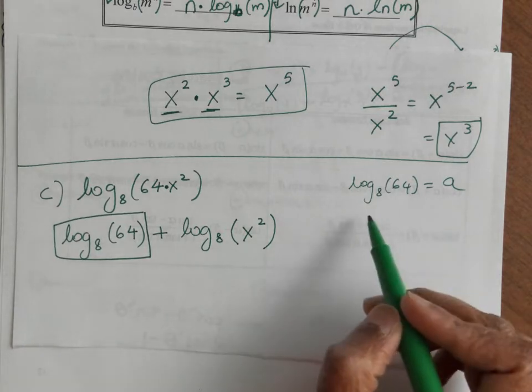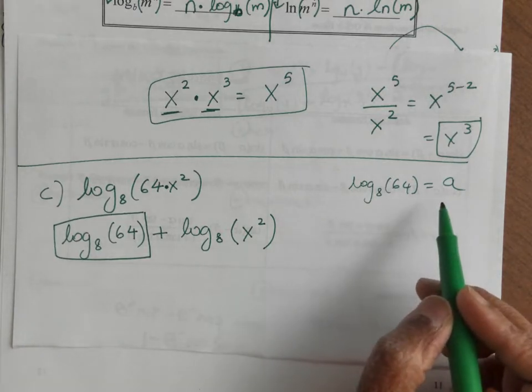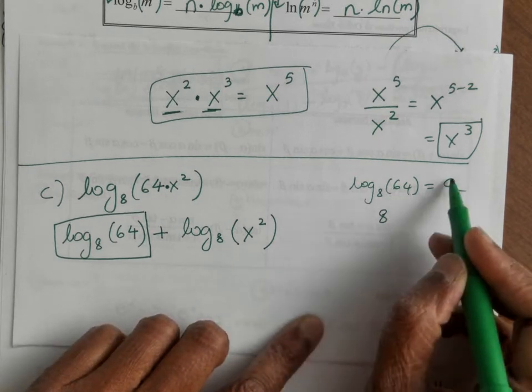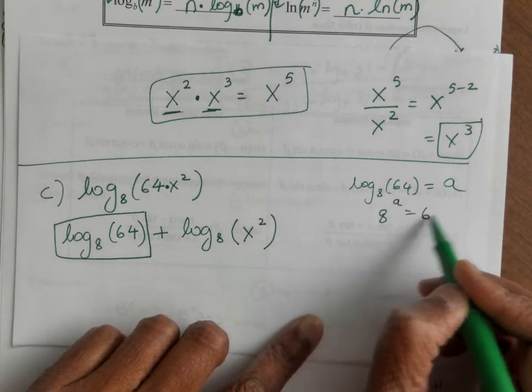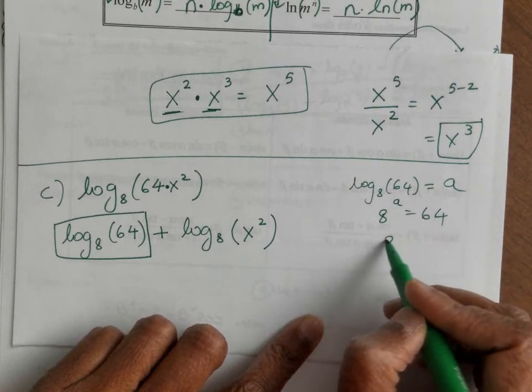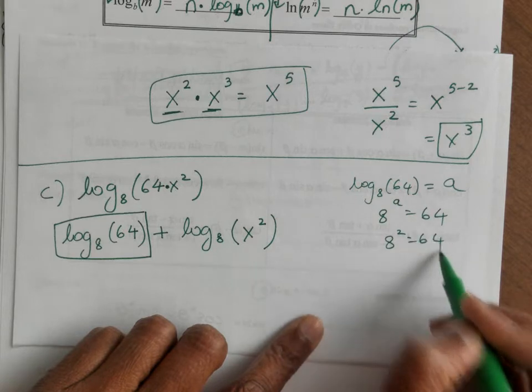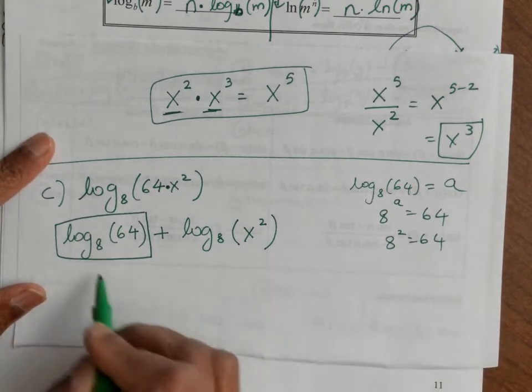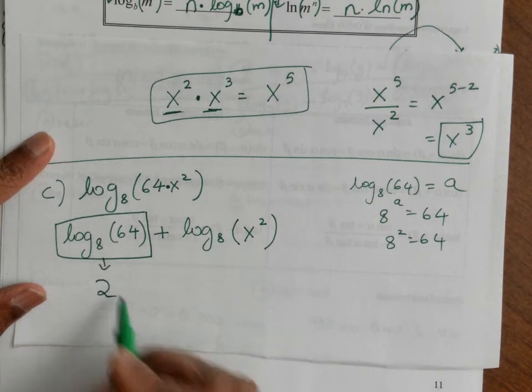So what is log base 8 of 64? 8 is my base, A is my output, 64 is my input. 8 to what power gives me 64? Correct? That means A equals 2. That means this is equal to 2.